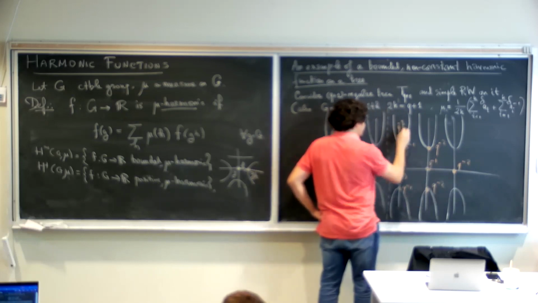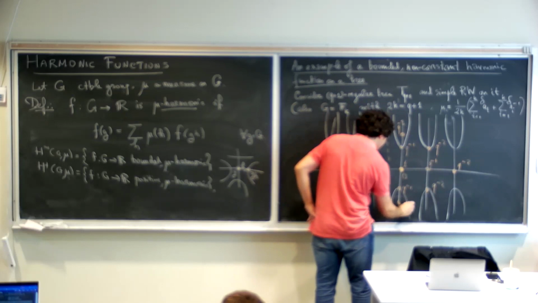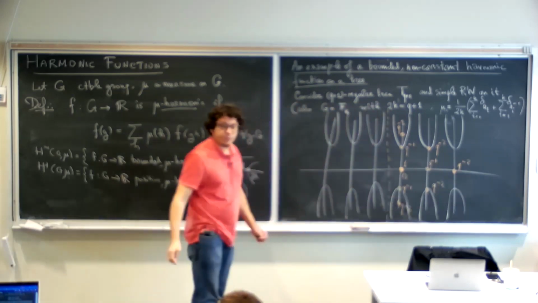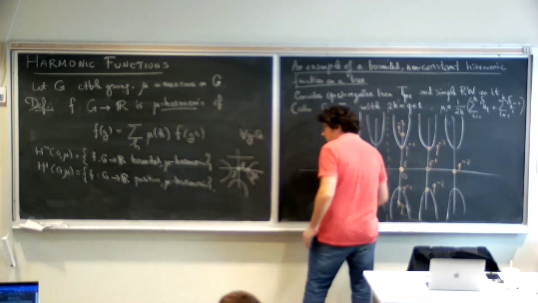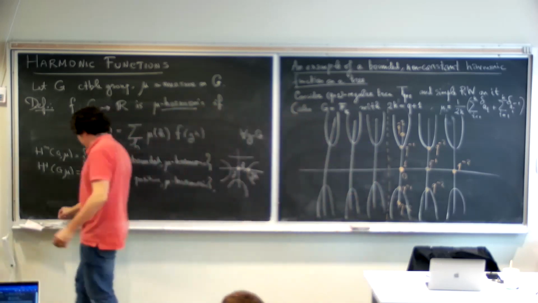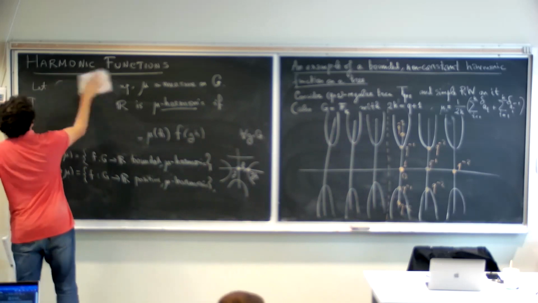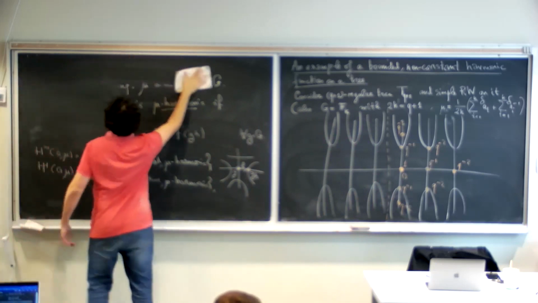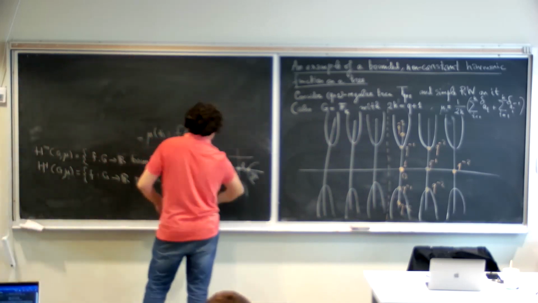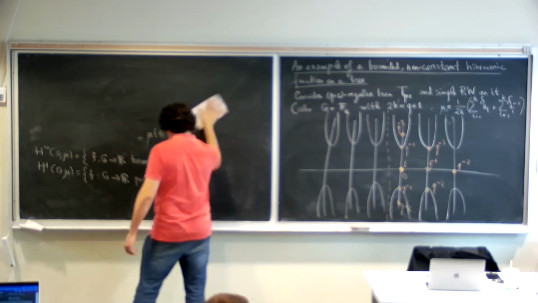So the first claim is that this function is harmonic on the right-hand side. So for every node that is to the right of this bisector, we get the harmonic condition.